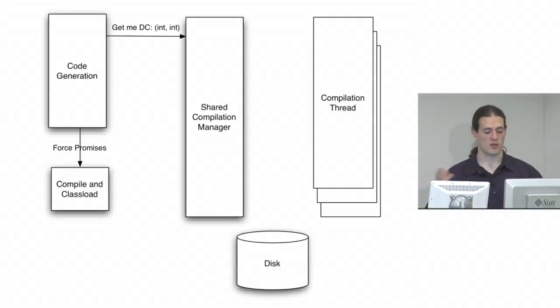So I'm going to go through what we ended up implementing to get us along the way. On the left is the thread in question that's trying to generate some code. It could in fact be one of the compilation threads on the right, or it could be a different thing that's doing mainline compilation or even a dynamic eval.